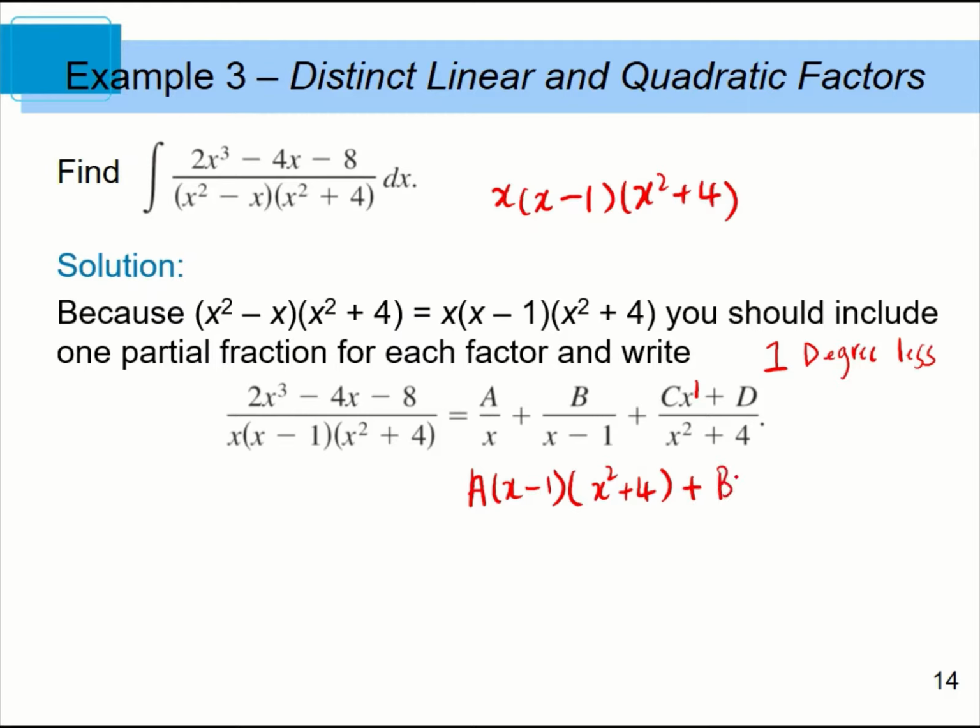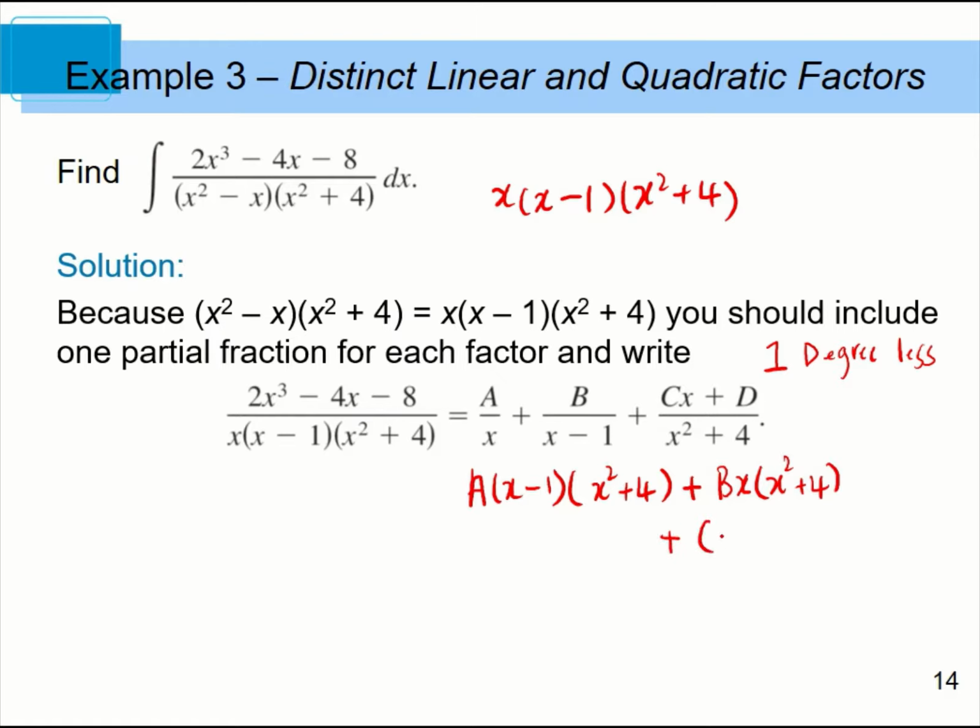The B will multiply the x and also x squared plus 4. And for the third one, cx plus d, it will multiply x and x minus 1.